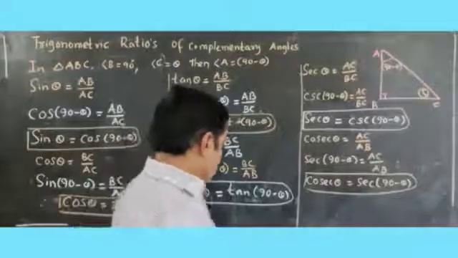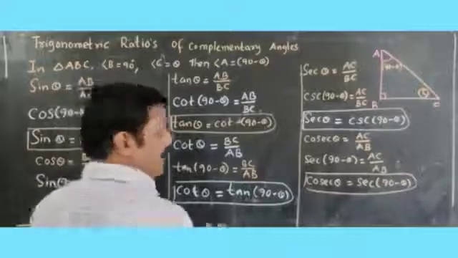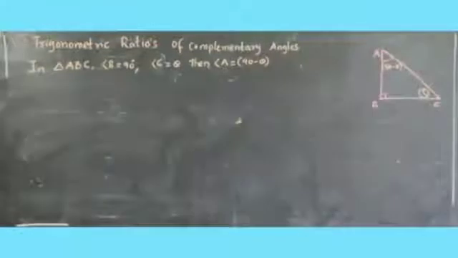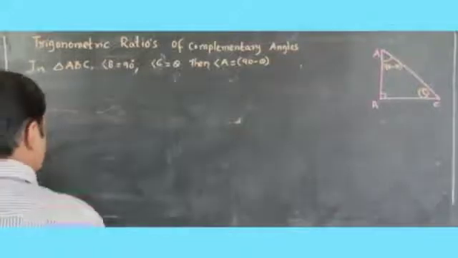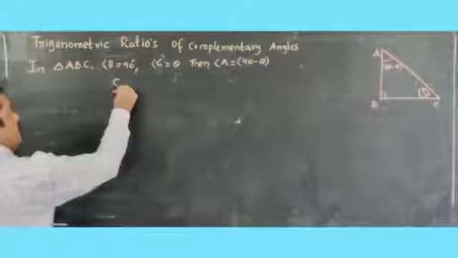So from this we can easily analyze some values. How? From this information we understood, for example, sin 40 degrees.